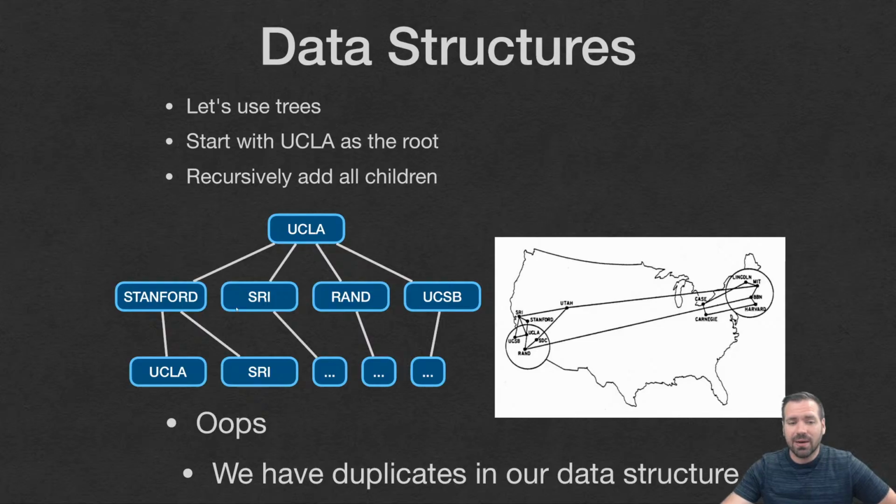If we did somehow just say Stanford has the existing SRI as a child node, and we try to do an in-order traversal on this tree, we're going to still go in loops around that cycle, because we have Stanford to SRI to UCLA. We have that cycle and no way to actually stop it, because our algorithms just aren't suitable for that. So we have repeated data and these cycles that are going to break our algorithms.